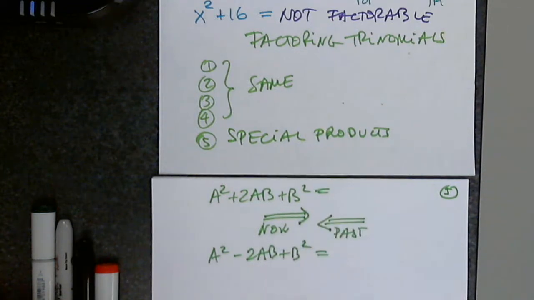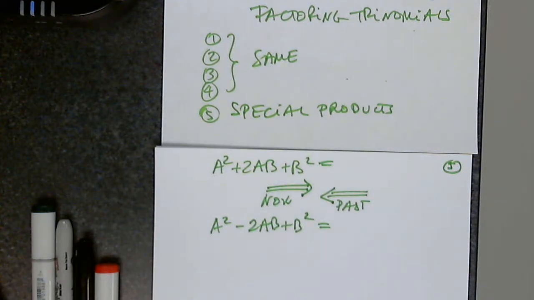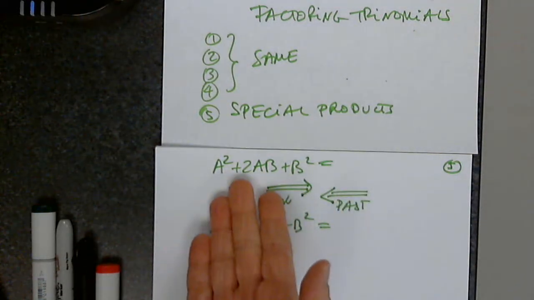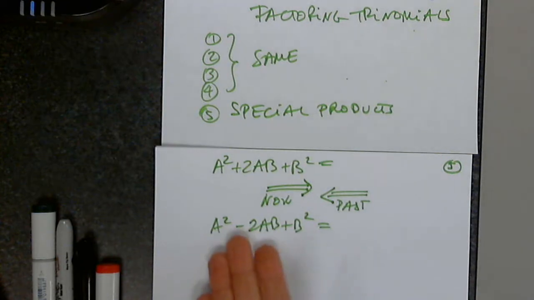There are only 2 special products for trinomials. And we have them in our agreement. So what was equal to this? And what was equal to this?